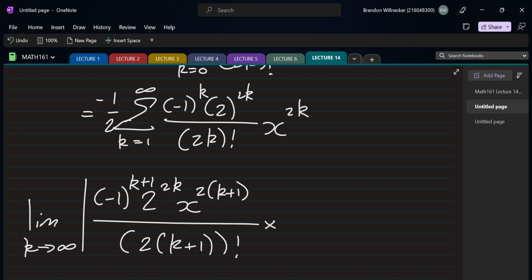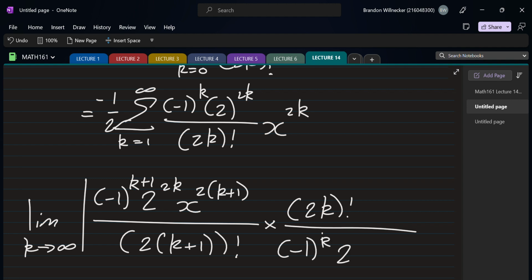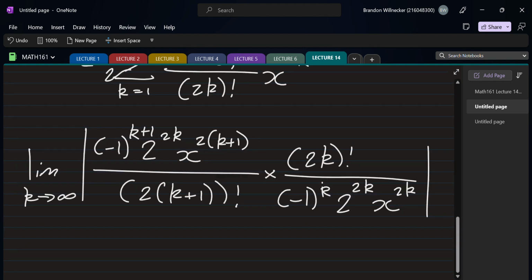Okay, then we divide by the k term or we multiply by the reciprocal. So that will be 2k factorial over minus 1 to the k, 2 to the 2k, x to the 2k. Again, we just divided by the k term or we multiply by the reciprocal.